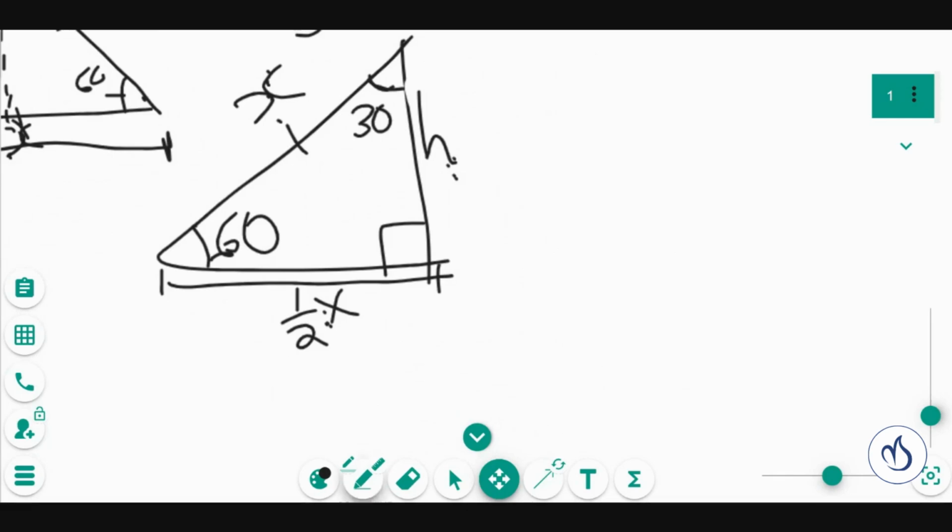But by Pythagoras theory, which we did last time, we said that the sum of the smaller sides, this side h and this side half x, the sum of their squares gives us the square of the hypotenuse.